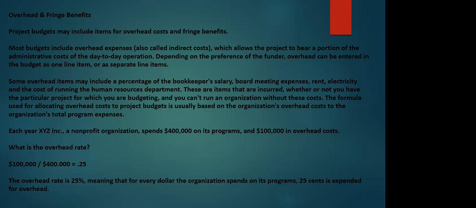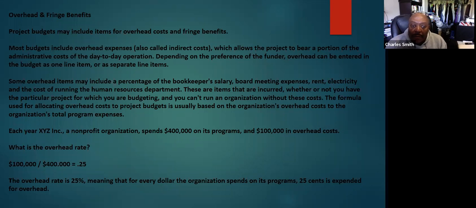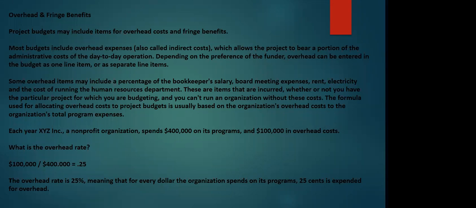That's how you get your money, through that administrative cost. Depending on the preference of the funder, overhead can be entered in the budget as one line item or as separate line items. And it's normally called overhead or administrative costs.